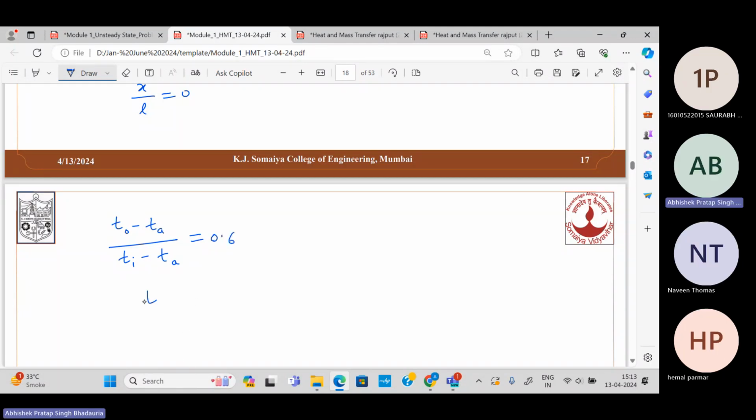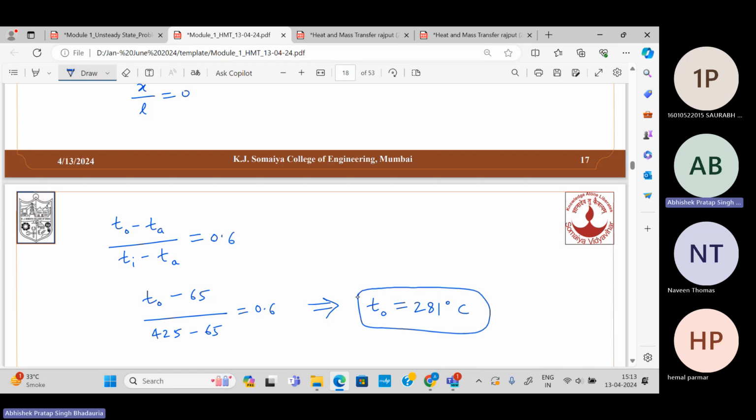T naught, we need to determine this, minus Ta, which is 65 degrees Celsius, divided by Ti, which is 425 degrees Celsius, minus Ta, 65 degrees Celsius, is equal to 0.6. So from this we can directly find the value of T naught, that is the center line temperature or mid plane temperature. The calculated value is 281 degrees Celsius.